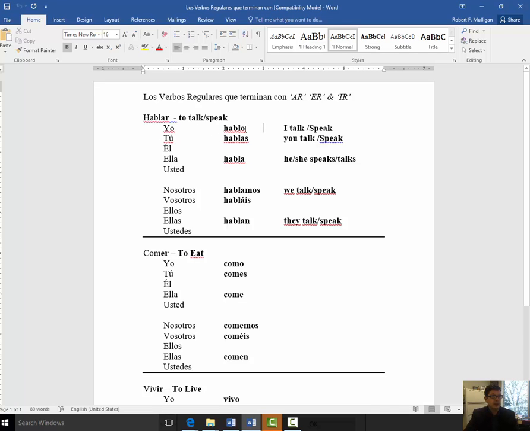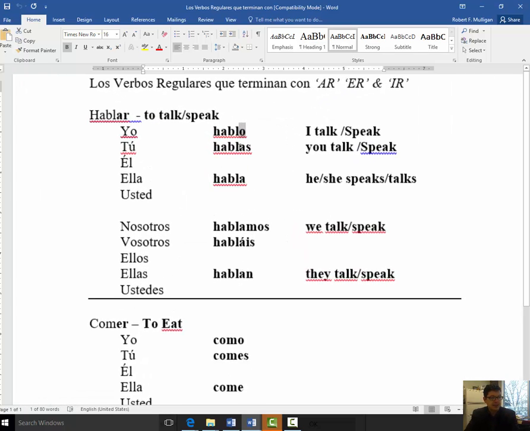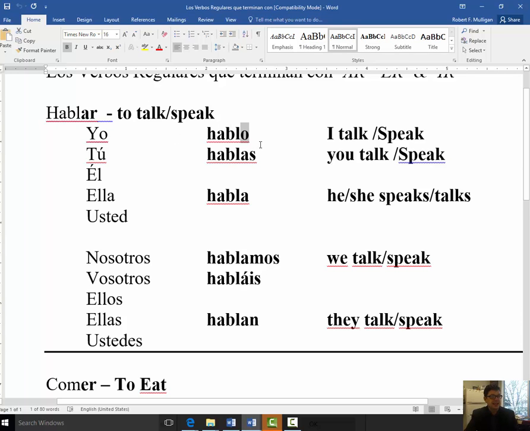With hablar, which is a regular AR verb, all we have to do is take the AR off and replace it with O. In the tú form, hablas, you speak, we take the AR off and replace it with AS. And with the he, él, ella, or usted form, he, she, or you formal talks, habla, we take the AR off and replace it with A.